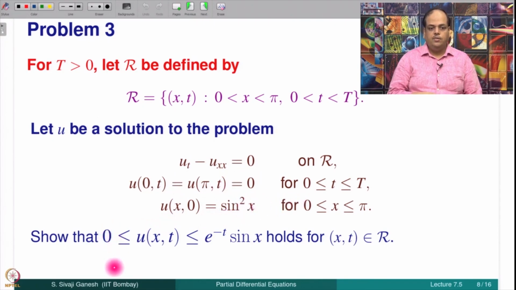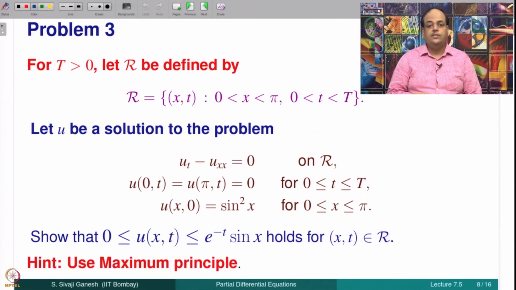Show that 0 is less than or equal to u of x, t is less than or equal to e power minus t sin x holds for (x, t) in the rectangle. The hint is to use the maximum principle, because the maximum principle allows us to compare certain things, right. So, the maximum principle is the hint here.